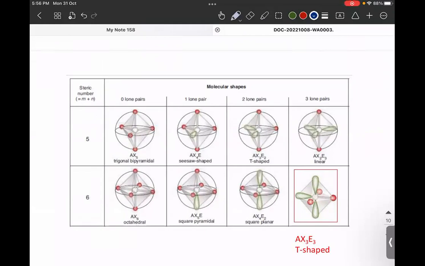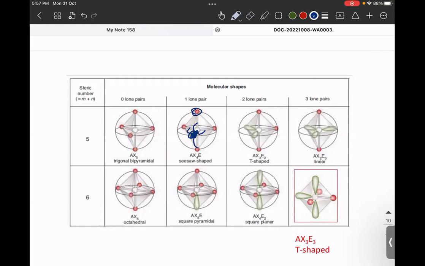So this lone pair can be on the equatorial, or otherwise you can have it in the axial. So one chance becomes axial, another chance becomes equatorial. If your lone pair is present on the equatorial position, then you have the interactions: 1 at 90 degrees, 2 at 90 degrees, 120 and another 120.